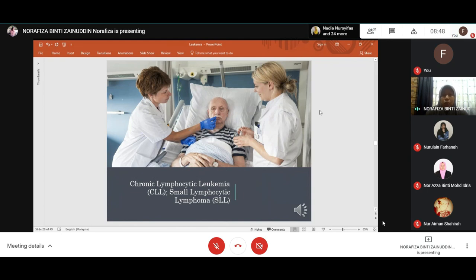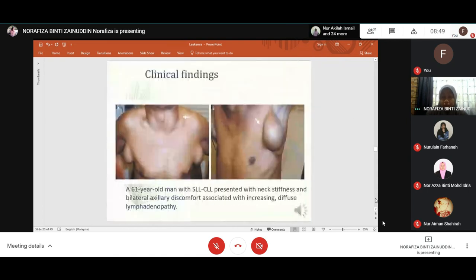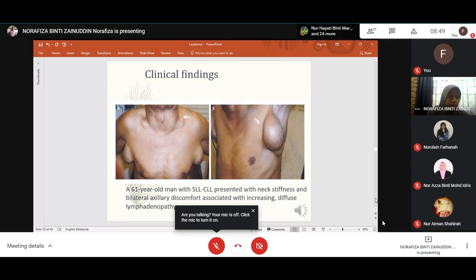Next is CLL. We have done with acute leukemia and chronic myelogenous leukemia; now it is chronic lymphocytic leukemia, or there is another variant, what we call small lymphocytic leukemia. CLL, slide number 30.